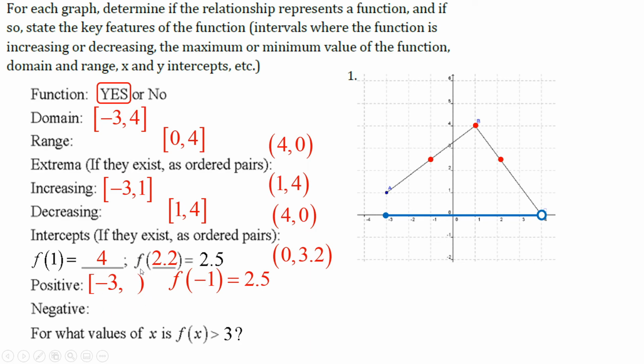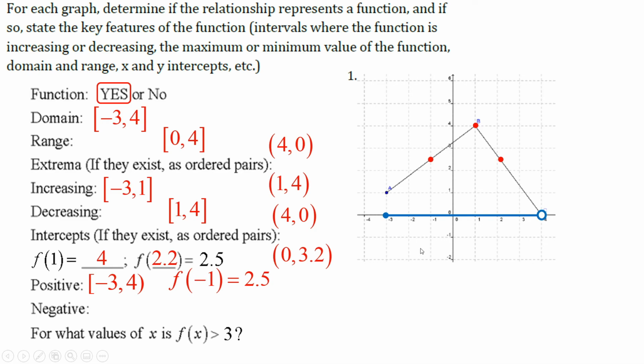And then I'm going to go a parenthesis for the open dot. That's where it's open. And that endpoint is positive 4. Now, this is the half open interval from -3 to 4, where x can equal -3, but cannot equal positive 4.